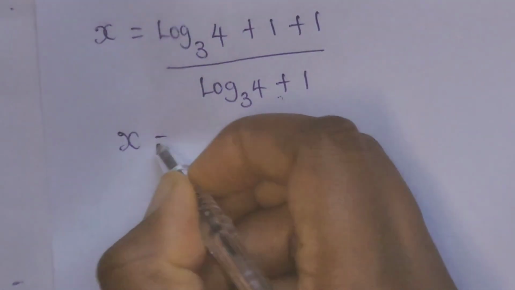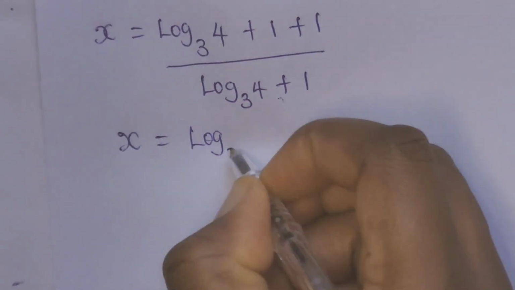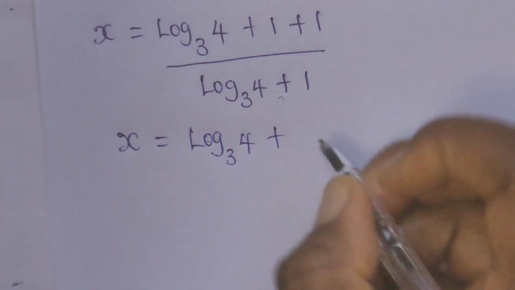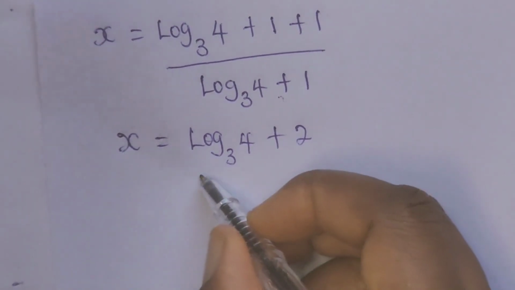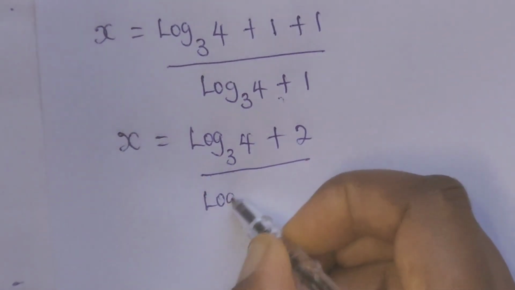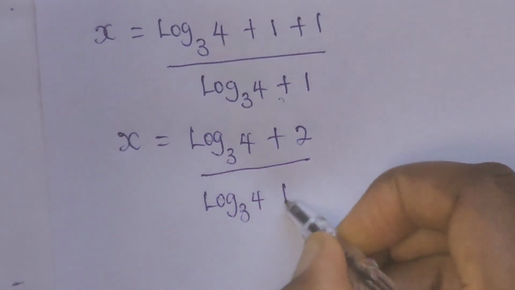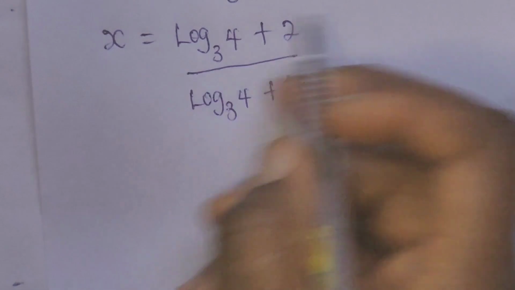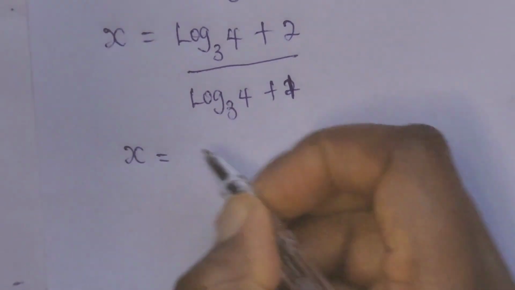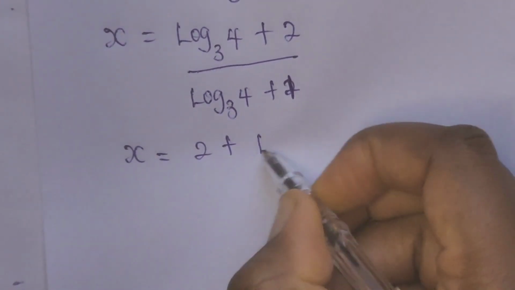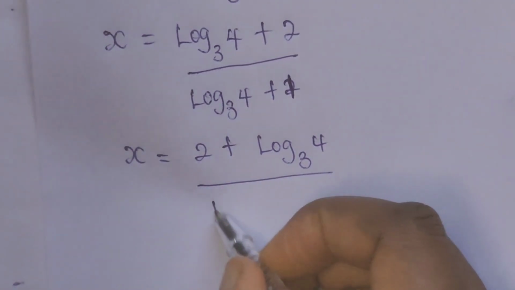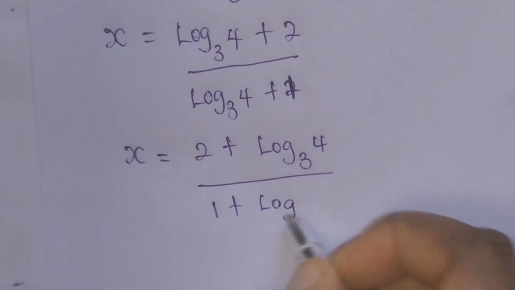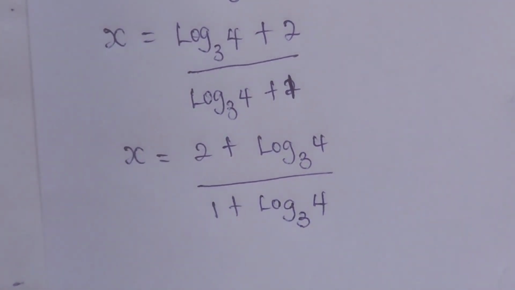So our x is equal to log to base 3 of 4 plus, we have 1 plus 1 here, which is 2, all over log to base 3 of 4 plus 1. So we can rewrite this as x to be equal to 2 plus log to base 3 of 4, all over 1 plus log to base 3 of 4.